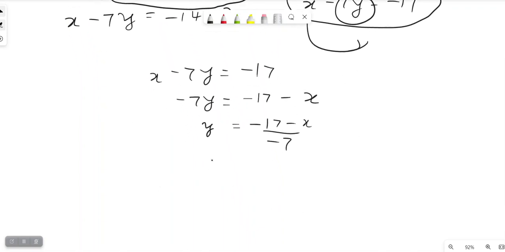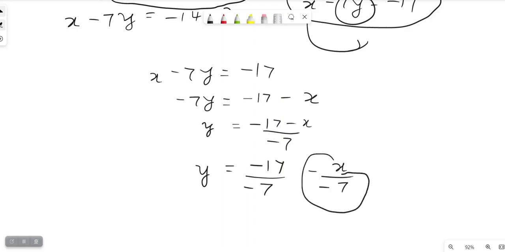Then we get y as minus 17 upon minus 7 minus x upon minus 7. So whatever number is in front of x is the slope. So our slope is minus 1 upon minus 7, which is equal to 1 upon 7.